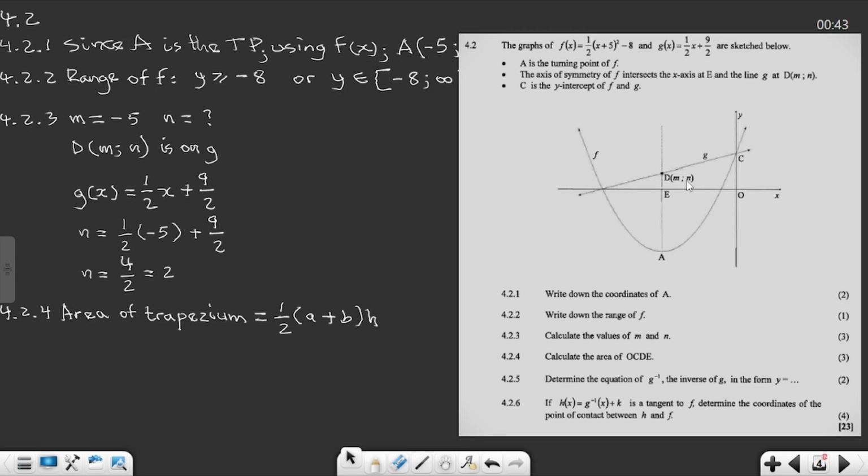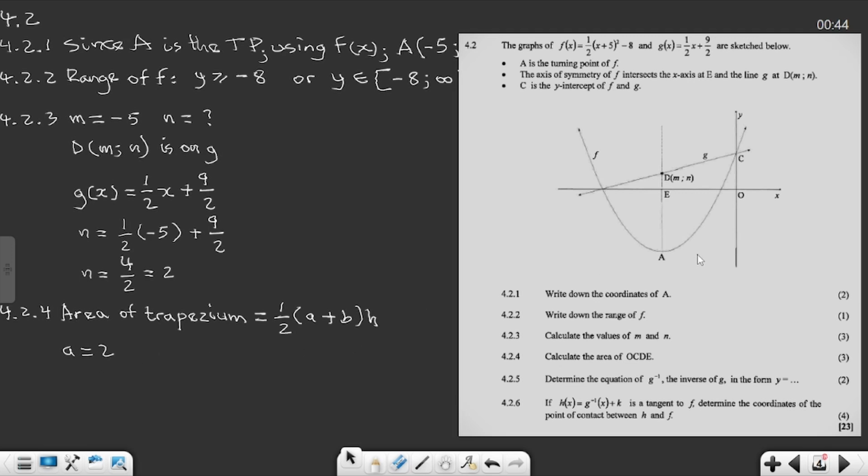Can you see that the coordinate of D can tell you what the length is from E to D? So you know n is the y coordinate. So n is there and n is equal to 2. So that distance E to D is equal to 2 and this is A. Okay, we say A is equal to 2.